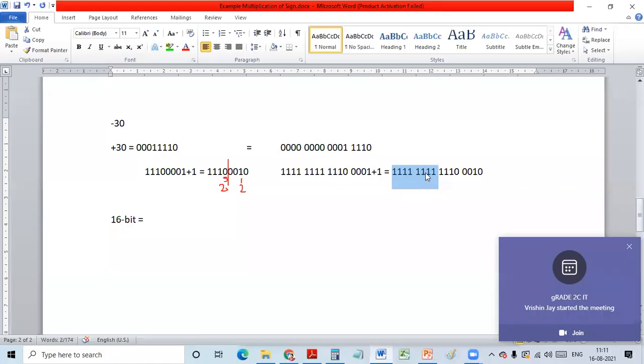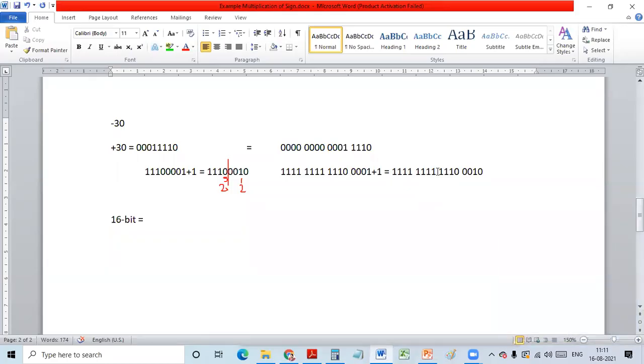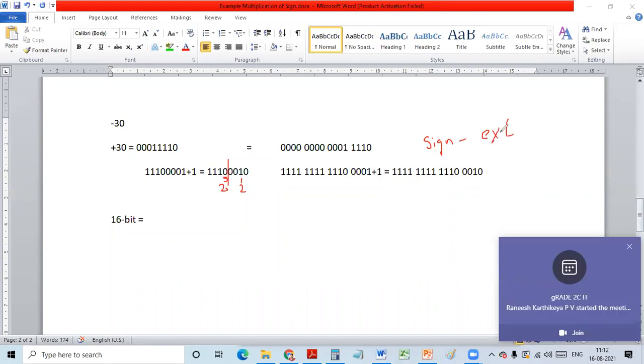Because in 2's complement form, we are complementing, and whichever is the most significant bit in your input has to be copied to all the extra most significant bits. This procedure we call sign extension. You need to perform sign extension for increasing any number to larger lengths.